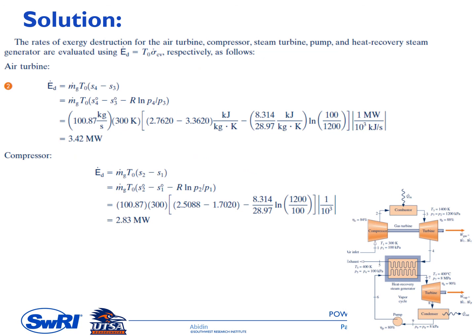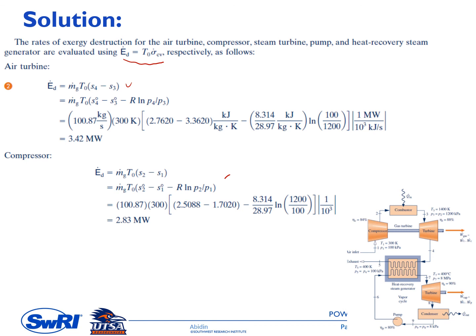The next one is the rate of exergy destruction for the air turbine, compressor, steam turbine, pump, and heat recovery system. In this case, we will use this formula because it is easier. T0 times sigma dot, and sigma dot is m dot g times delta S. This is for the air turbine, and the same approach applies for the entropy change.